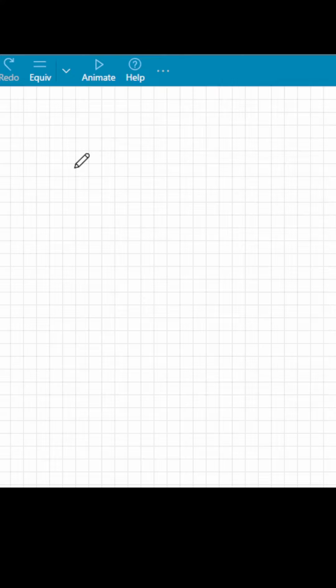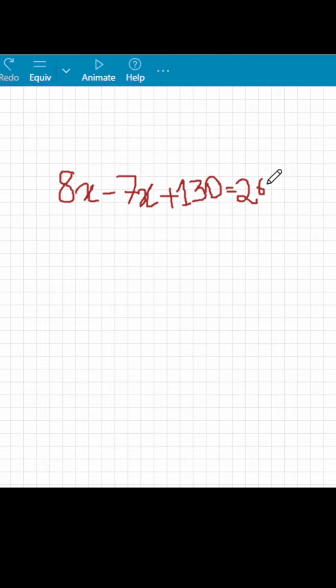Okay, let us write the equation given. It is 8x minus, okay, let me rewrite it again. Let me use a different colored marker. Okay, 8x minus 7x plus 130 is equal to 260. So that is the given equation, and we have to find the solution here.